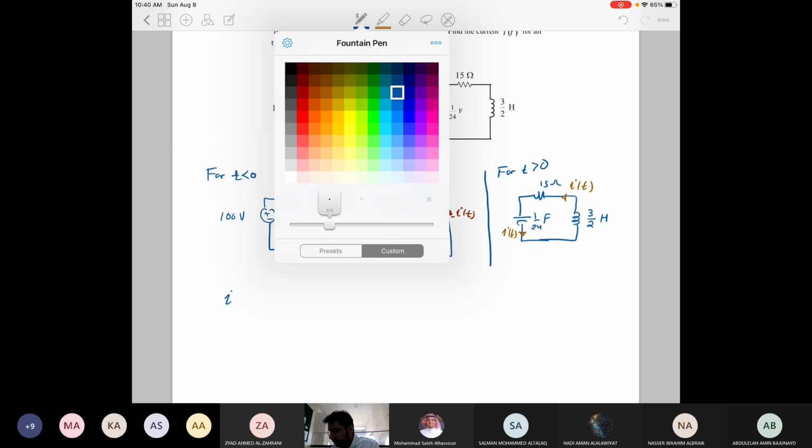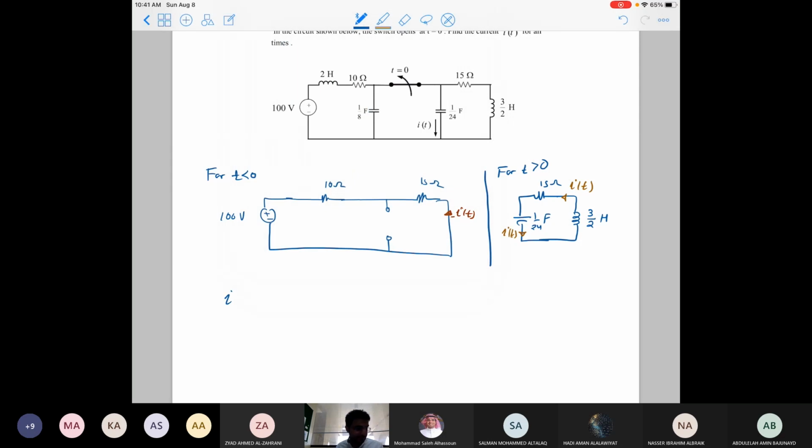This is the negative of the current that we are interested in. So I of t will be minus 100 divided by 10 plus 15, and this is going to be minus 4 amperes.